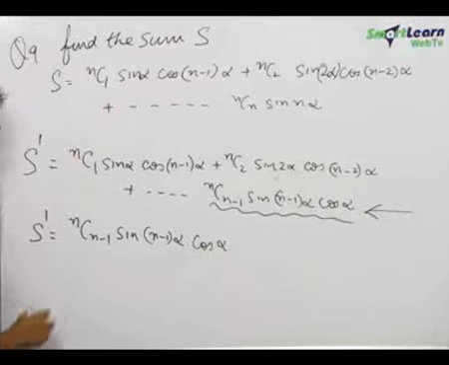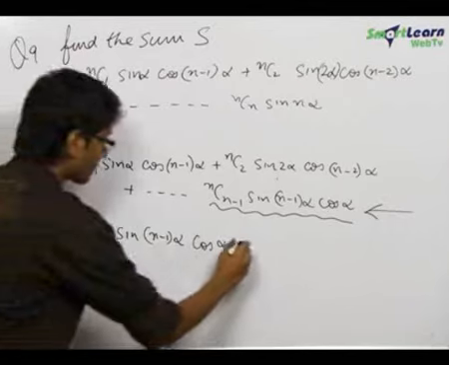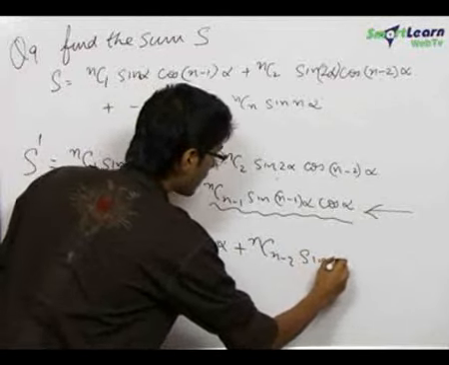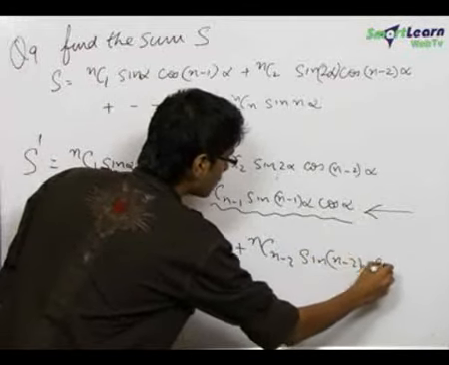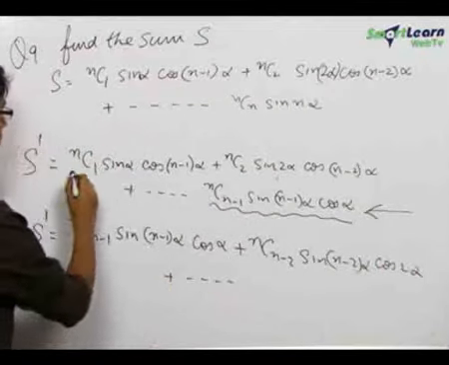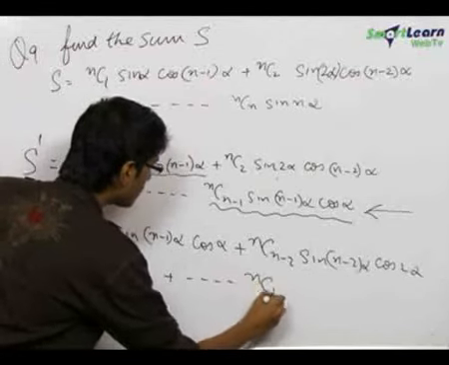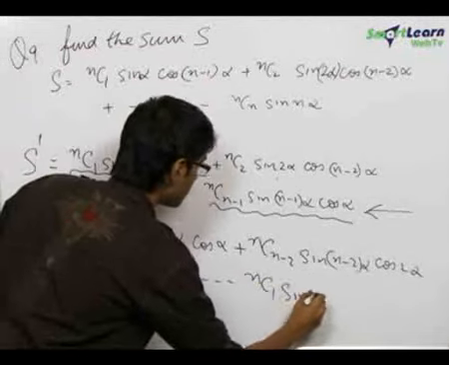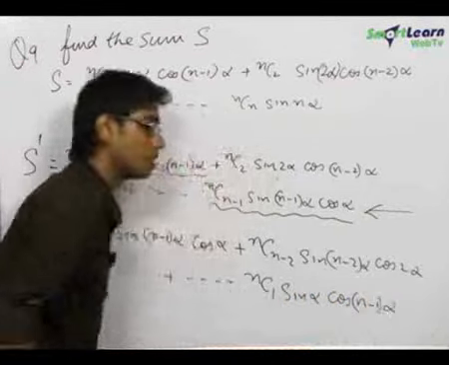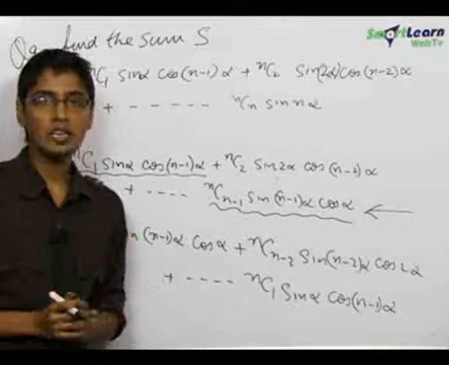So we get S dash is equal to nC(n minus 1) sin (n minus 1) alpha cos alpha plus nC(n minus 2) sin (n minus 2) alpha cos 2 alpha, and writing the last term, which was the first term in the previous S dash, as nC1 sin alpha cos of (n minus 1) alpha. We have not done anything special, we have written just the whole expression in the reverse format.